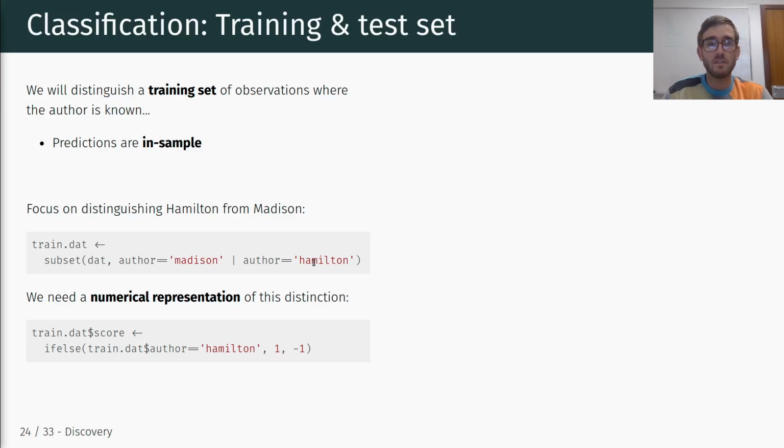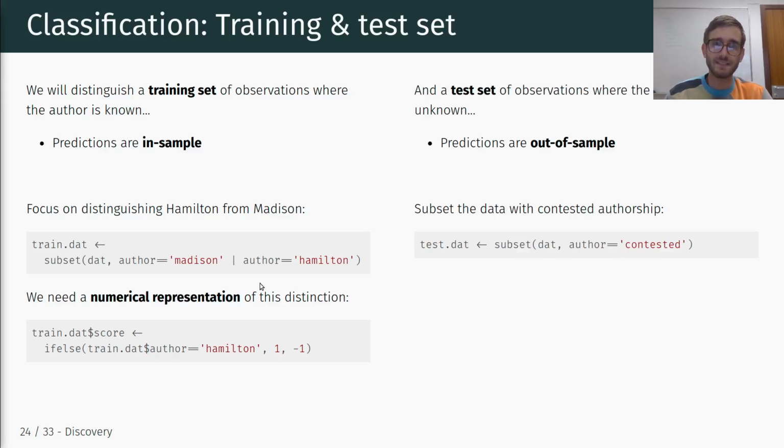And then we need a numerical representation of this distinction, and for the purpose of the model that we're going to fit now, we will create a score that will be 1 for an essay that was written by Hamilton, and -1 for an essay that was written by Madison, using the if-else command. So that's our training set, and then we will also need a test set.